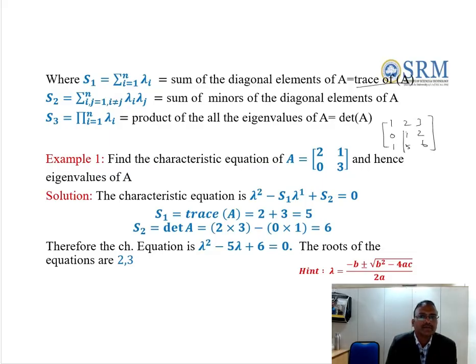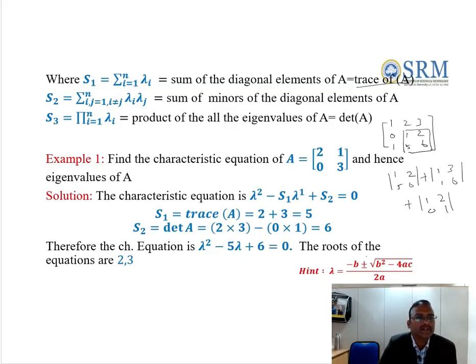This one is the first minor. First find the determinant of this, that is 1, 2, 5, 6, plus, then for the next diagonal element we have 1, 3, 1, 6, plus for this 6, 1, 2, 0, 1. Find all these subdeterminants, then add them up, that gives S2, right? And S3 is the product of all the eigenvalues when n equal to 3. In general, Sn equals the product of all the eigenvalues, right?